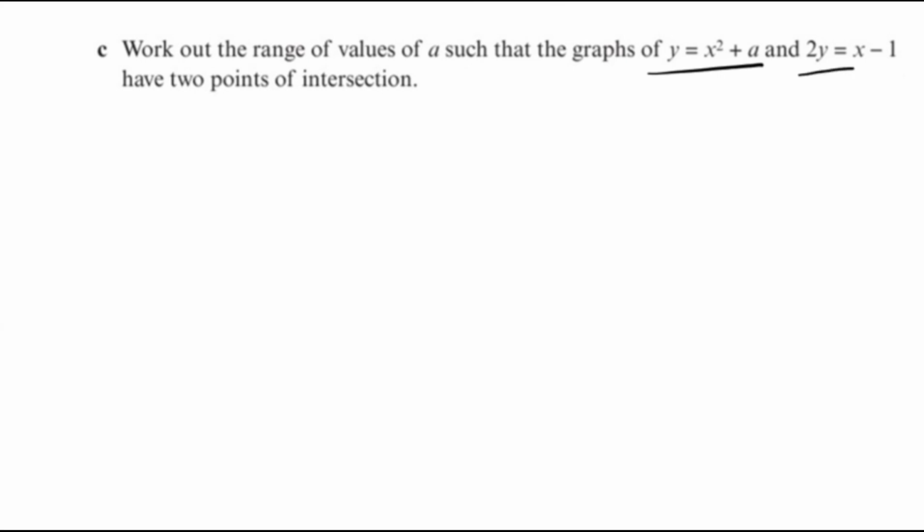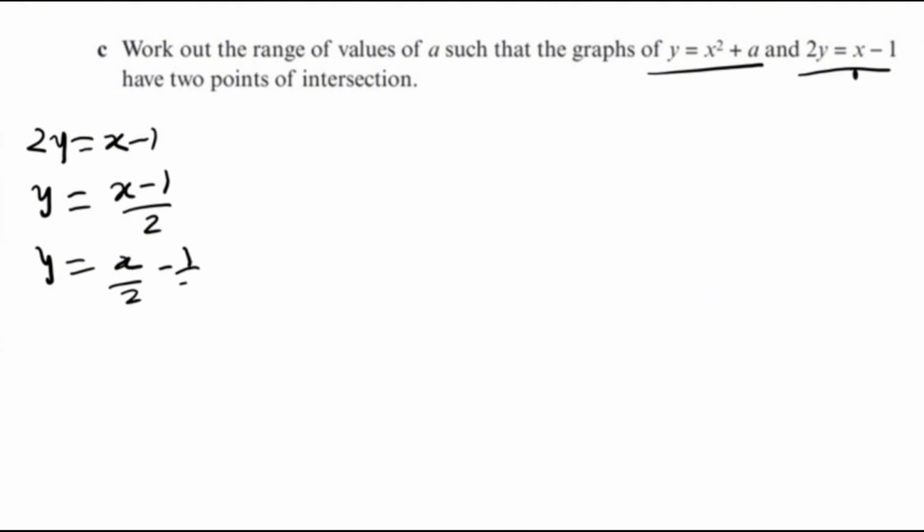Okay. Part C, work out the range of values of a such that the graphs y is equal to x squared plus a and 2y is equal to x minus 1 have 2 points of intersection. For that, first we have to make y the subject here. So 2y is equal to x minus 1. So y is equal to x minus 1 over 2. I can write y is equal to x over 2 minus half. Now we can equate these to solve.